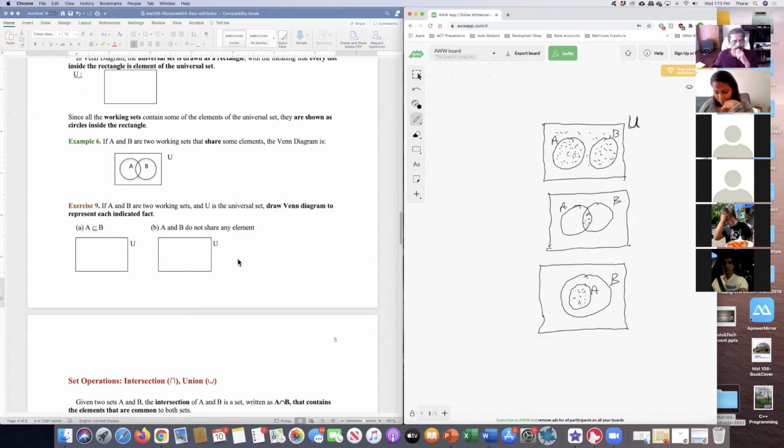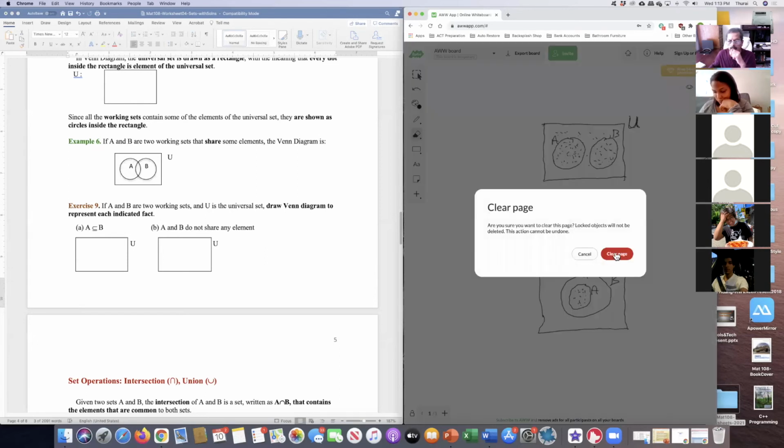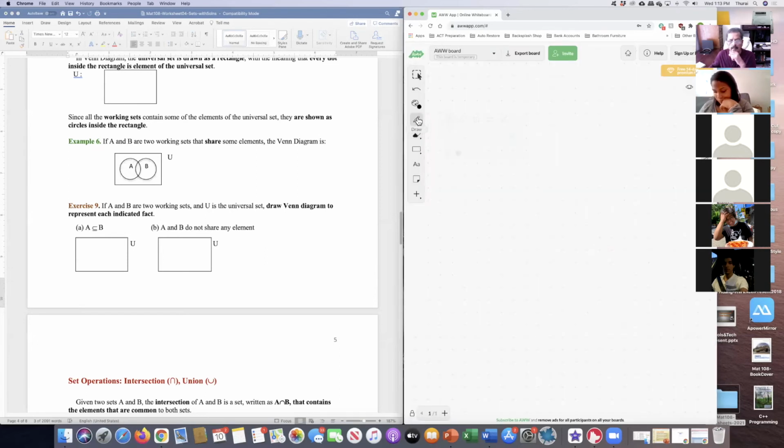Now this problem, part B of exercise 9, says the two sets don't share any element. How would you show that in a picture, in a Venn diagram? The two sets A and B are not really sharing any element.